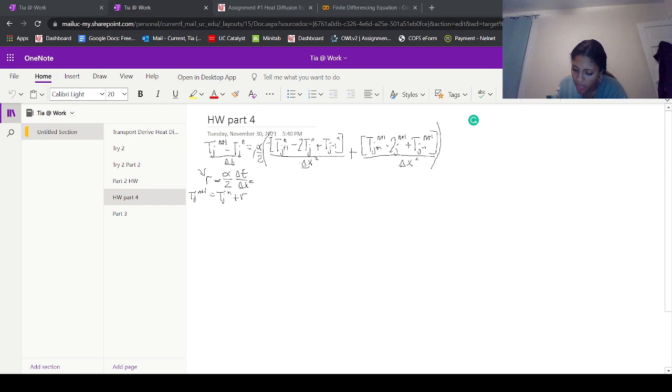So r, and then we're going to multiply this negative on the inside of this thing right here, but I'm going to put it on the other side.